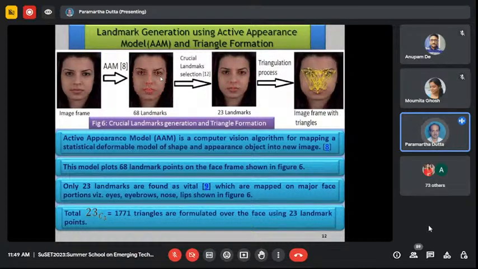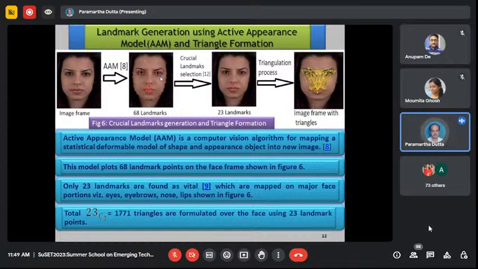In fact, what is even more interesting is that it is face independent. These 68 landmark points are independent of the subject. That means whether it is my face, or the face of X, Y or Z, or a lady or whosoever.